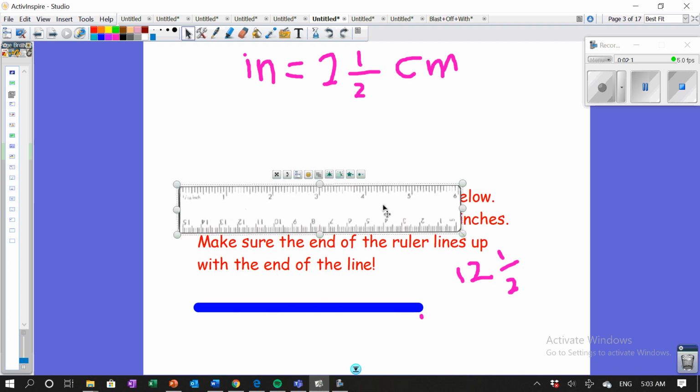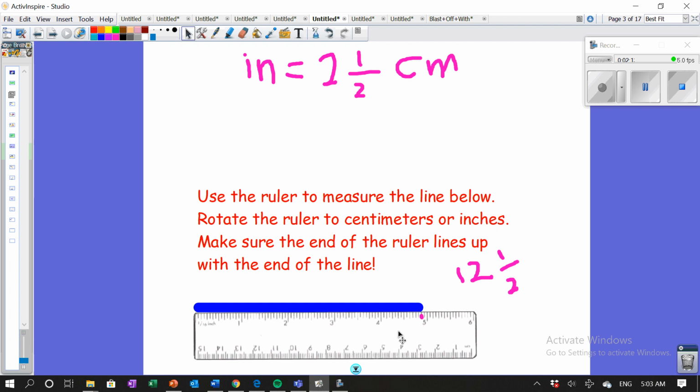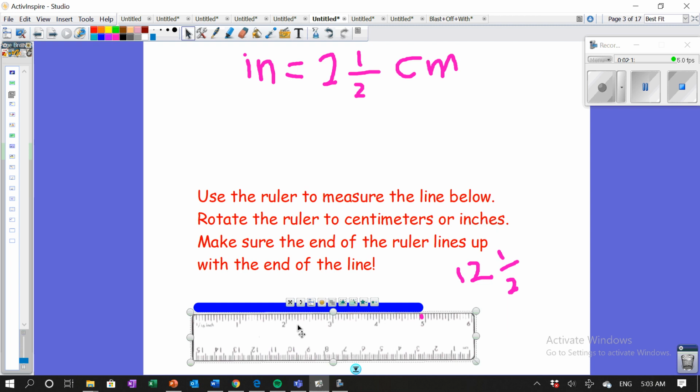Okay, here is the inches ruler. My reading is about 5 inches. So this blue line is about 12.5 centimeter and at the same time about 5 inches.